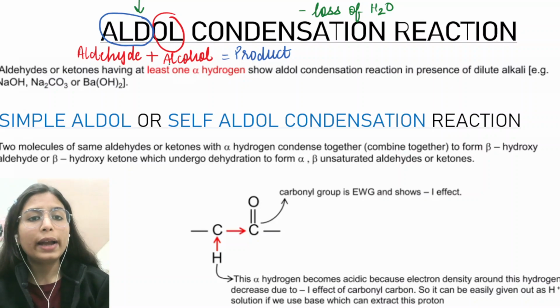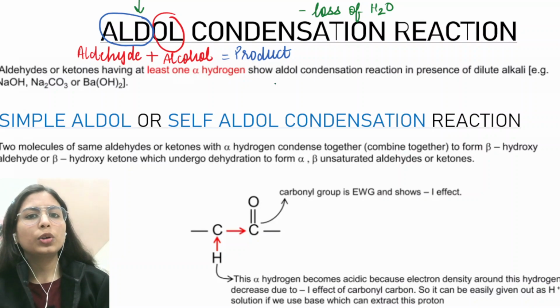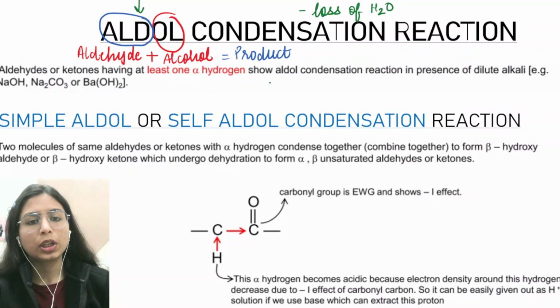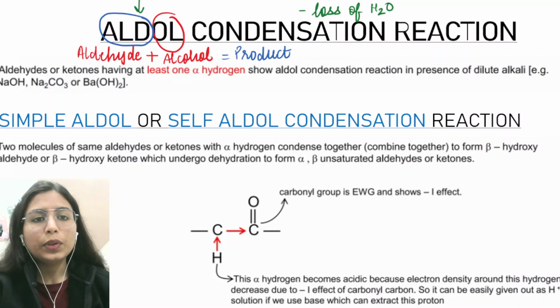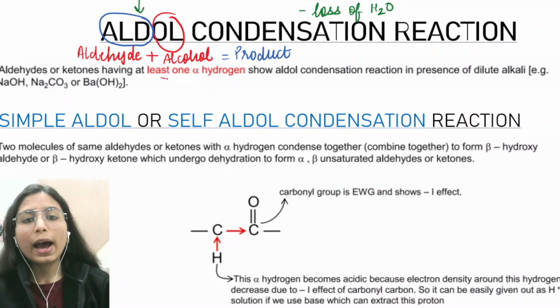So we learn each one of these, what is aldol condensation. But before that, let us first see which molecules undergo this reaction. All of the molecules do not undergo this reaction. There are some prerequisites, some necessities that are required to be fulfilled in order to complete this reaction. So firstly, here we learn the concept of alpha hydrogen.